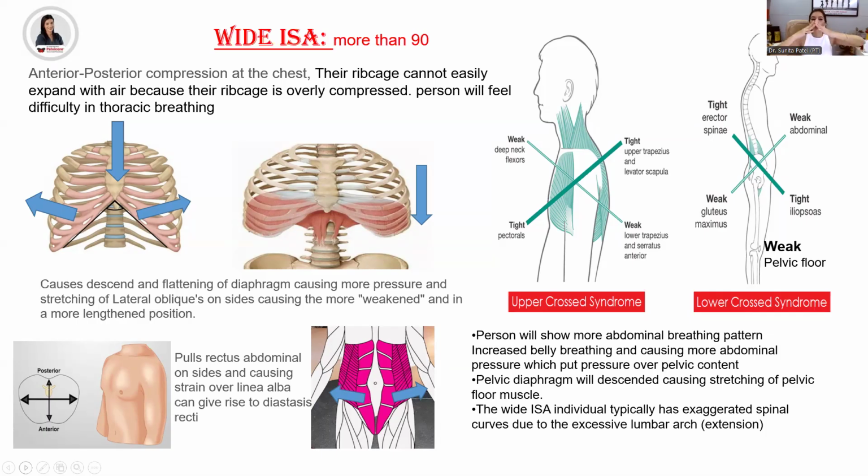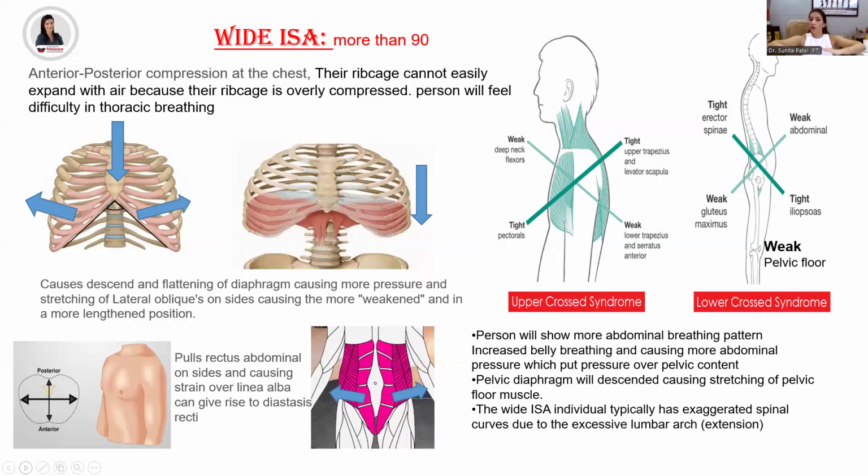And what will happen to the muscle which is attached to the ribs? It will start descending down. So which muscle is there? Not abdominal muscle, the abdominal diaphragm. Because it is attached to the ribs, the moment the ribs go away from each other, the diaphragm will go downward.